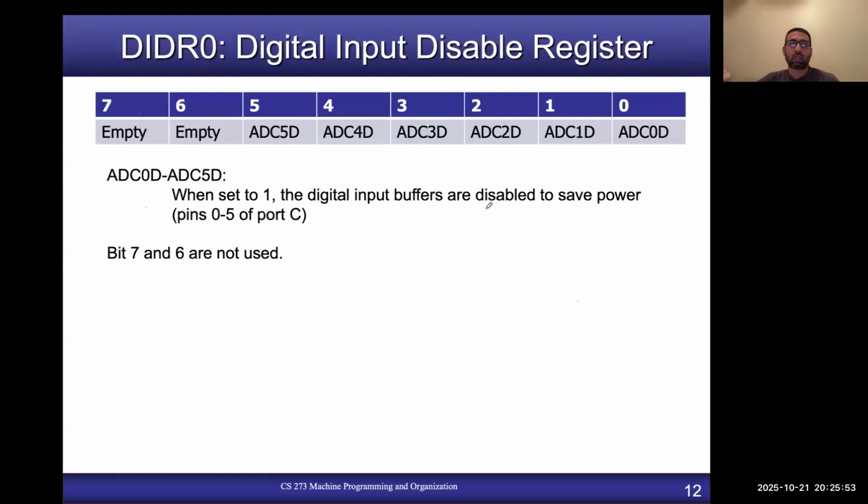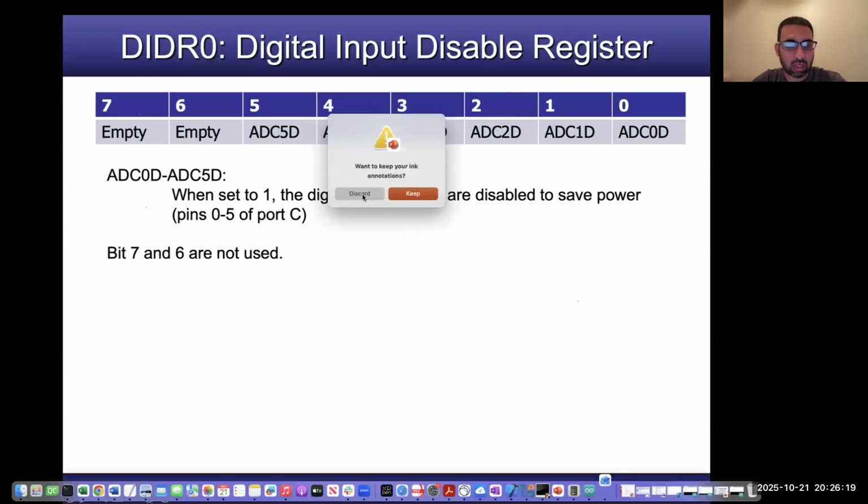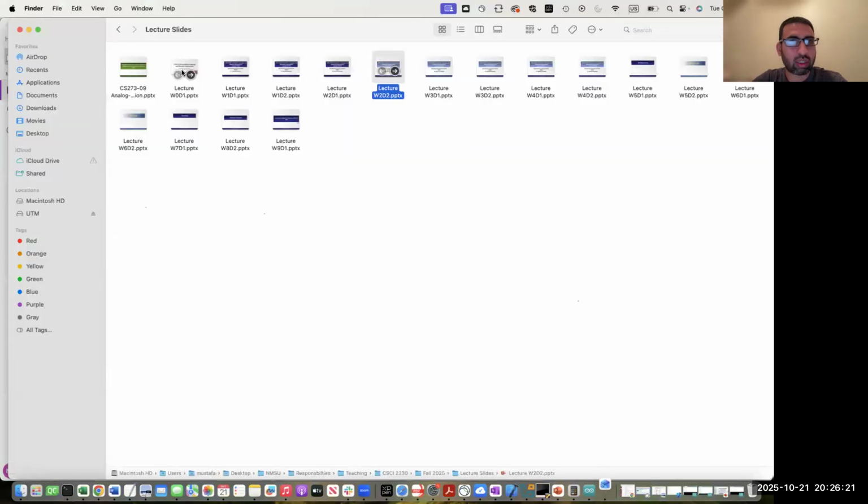Okay. Another register that is associated with ADC operation is, actually, not directly related to the ADC operation, but we need it for meaningful use of the pins. This is known as the digital input disable register. Remember, let me go back to our lecture one, because I want to show you something.